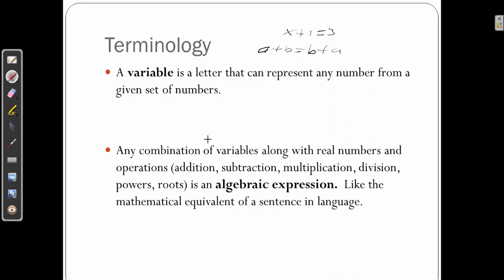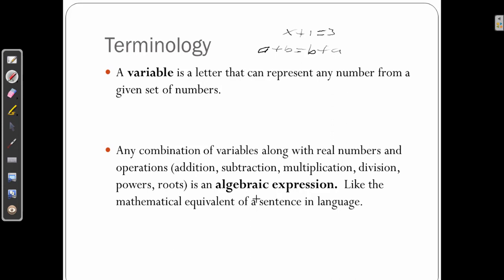Once you have variables, you take variables and you combine them with numbers through operations like addition, subtraction, multiplication, division, and through relations like equals and less than and greater than and less than or equal.